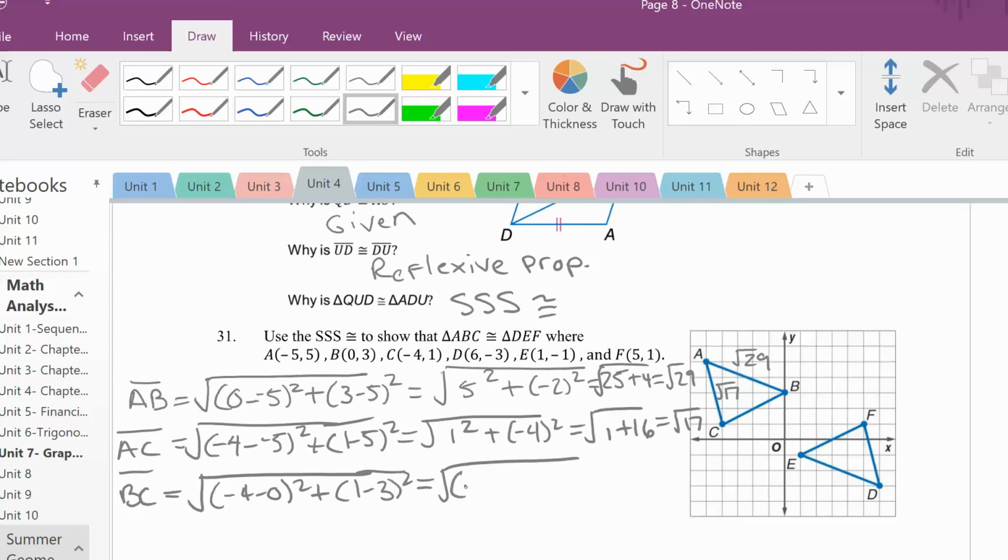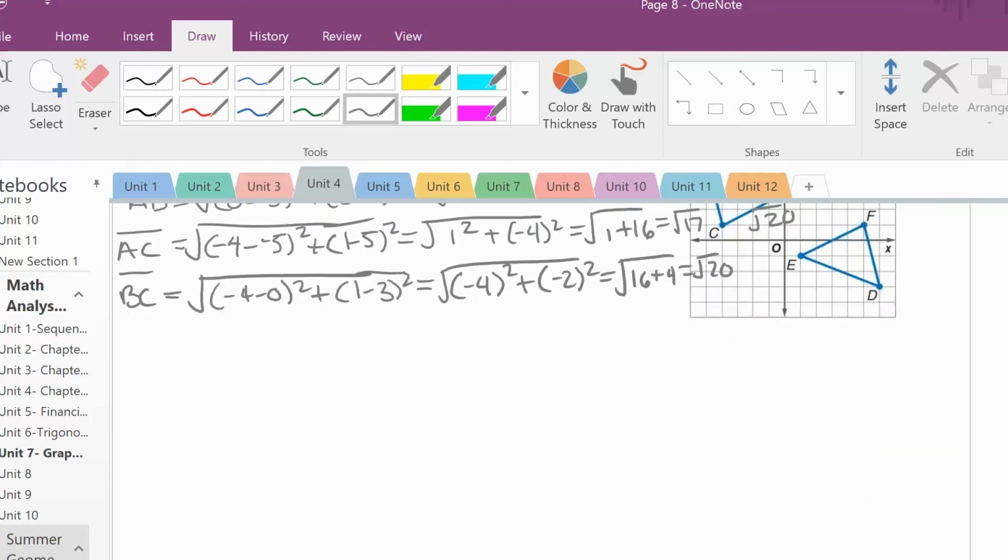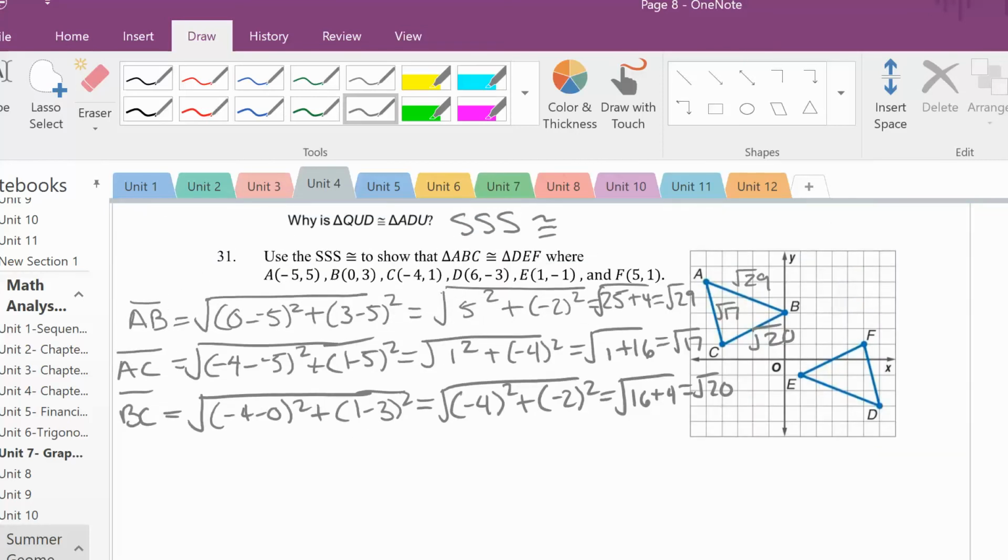So it's negative 4 squared plus negative 2 squared. So it's 16 plus 4, which is the square root of 20. We could simplify the square root of 20, but we don't really need to. At this point, we could make it 2 rad 5. So then we have to do the other triangle and hope that they match up.